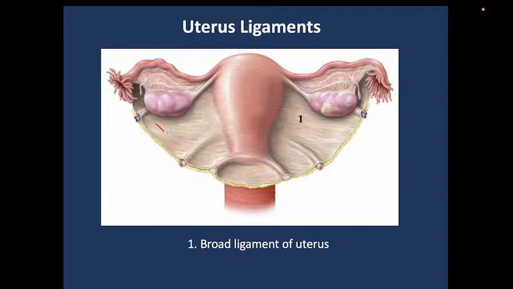This is like a membrane located in the frontal position. Then number 2 is the round ligament. Usually it's fixed between the uterus body and the uterus cervix and comes to the inguinal canal.